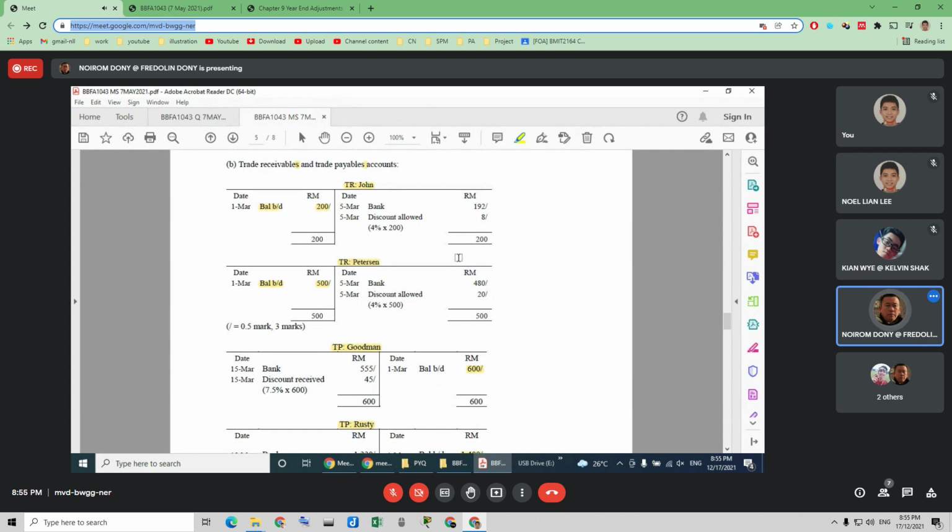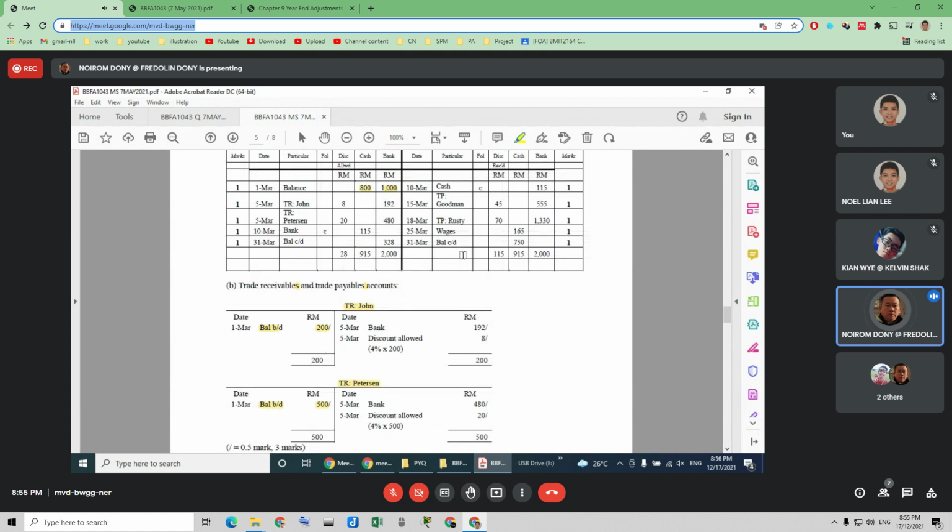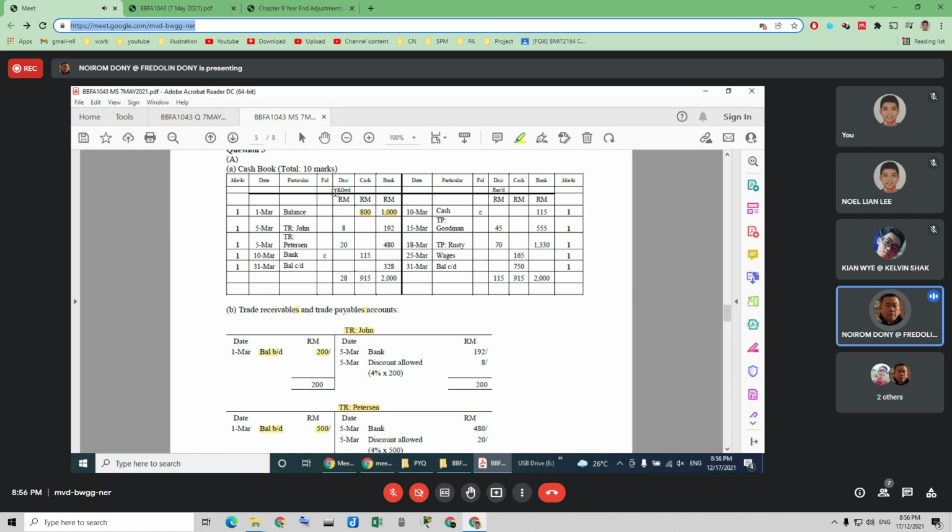We need to record it. They paid by check and received a cash discount of 4%. So the prime entry needs to be recorded first. This is payment by the receivable, indicating the business is receiving money, so it should be on the debit side.